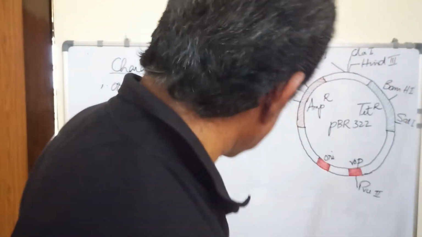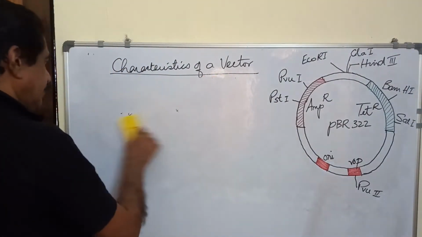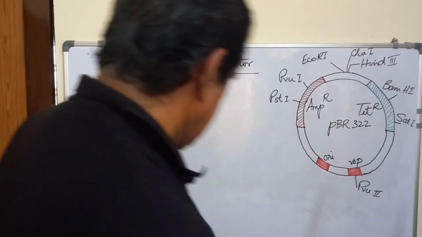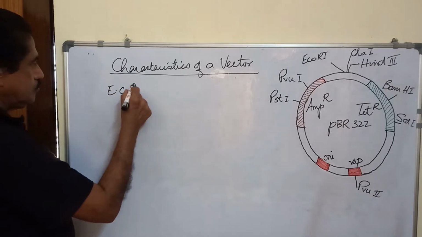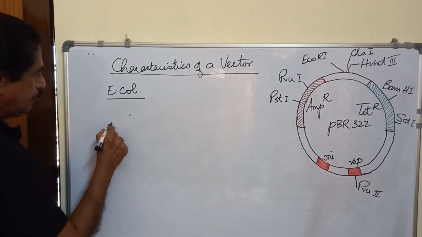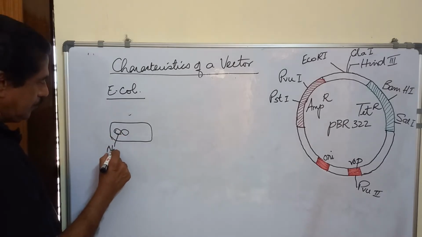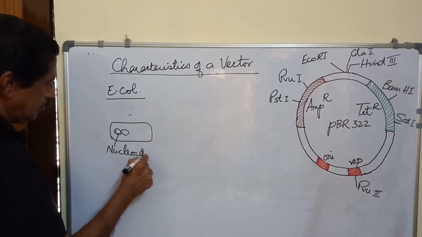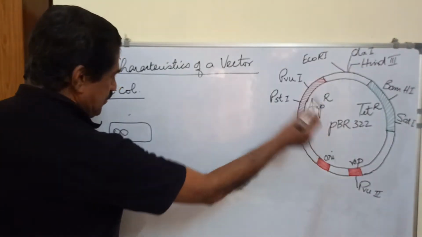We get those E. coli which have the nucleoid in it, but it does not have pBR322 inside it.